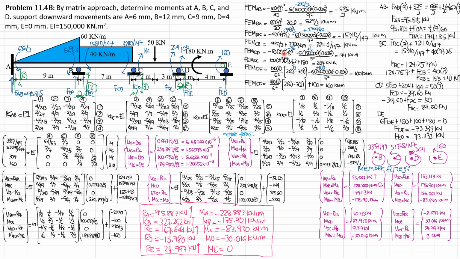Then for CD, due to the load, negative 50 times 2 times 3 square over L square, negative P A B square over L square, so negative 36. Due to support movements, delta is 5 mm, 9 minus 4, and it is treated negative because the rotation of chord CD is counterclockwise.